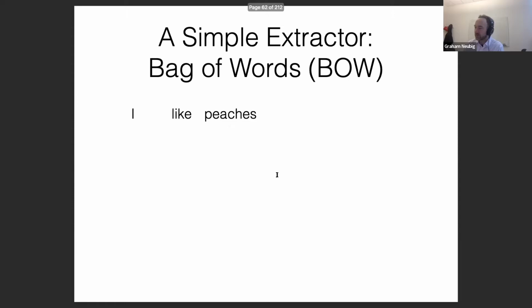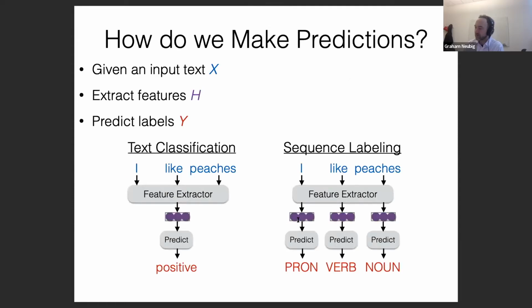What do you think of a bag of words or a similar feature extractor used for sequence labeling? Does that make any sense whatsoever? We extract one vector using this kind of bag of words lookup function and then make predictions based on this vector.